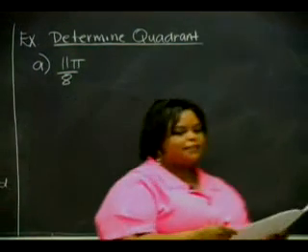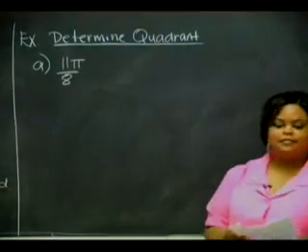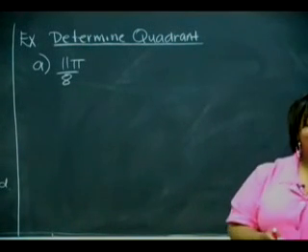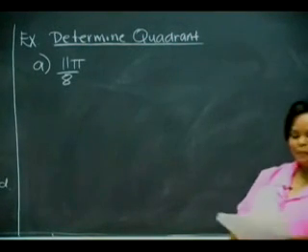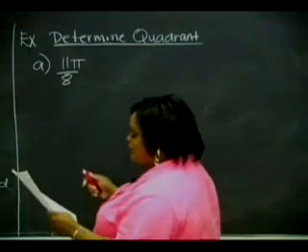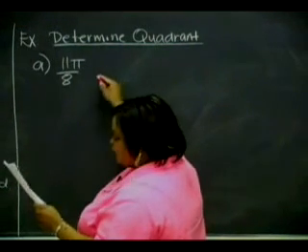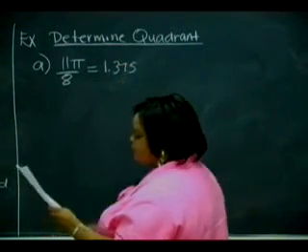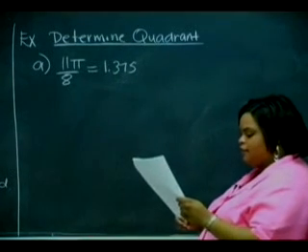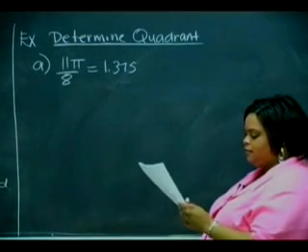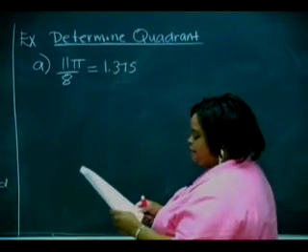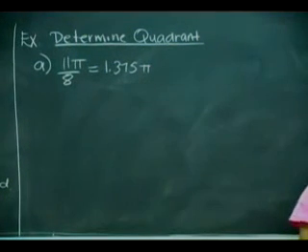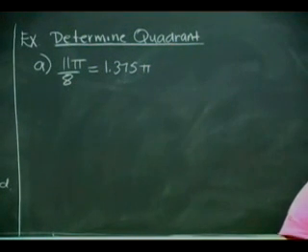What is 11 pi over 8? Does anybody have a scientific calculator? 11 pi over 8, and I want you to check me, should be 1.375. Is that 1.375? Okay.